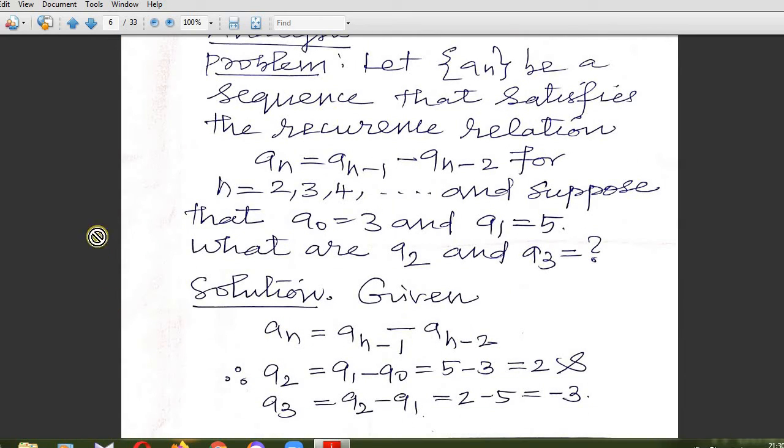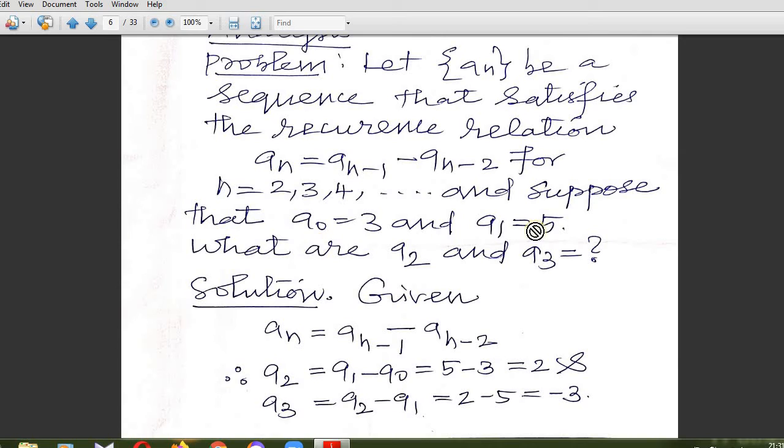Now look at the problem. We will find out the values of a2 and a3, given the recurrence relation a_n = a_(n-1) - a_(n-2). First we find a2. a2 would be equal to a1 minus a0.